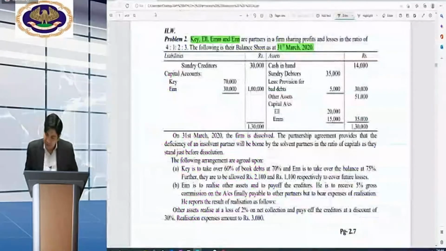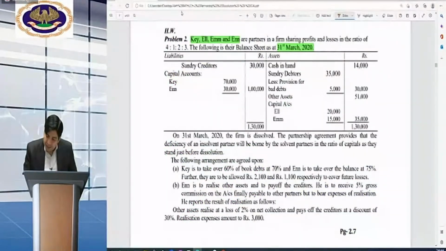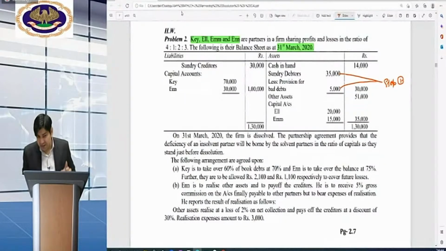See, what are the exceptions? Cash and bank, bank overdraft, partner loan. Except all these, the rest must be transferred. So, these are step number 1. I am writing here. Step number 1. Transfer all the assets. Bull is there and tail is also there.